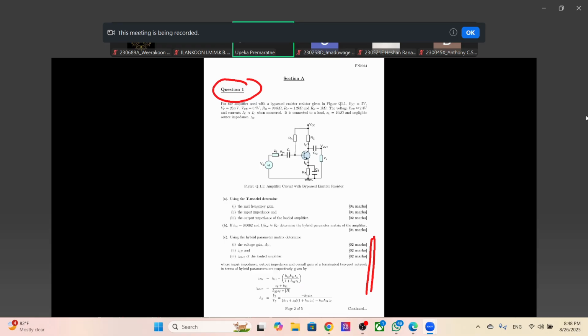You can find the mid frequency gain. So here you can see this is a fixed bias, but there is an emitter resistor, so it's an emitter bias, and the emitter is bypassed. Because the emitter is bypassed, the gain that you will get will be minus RC parallel to RL divided by RE, simply.